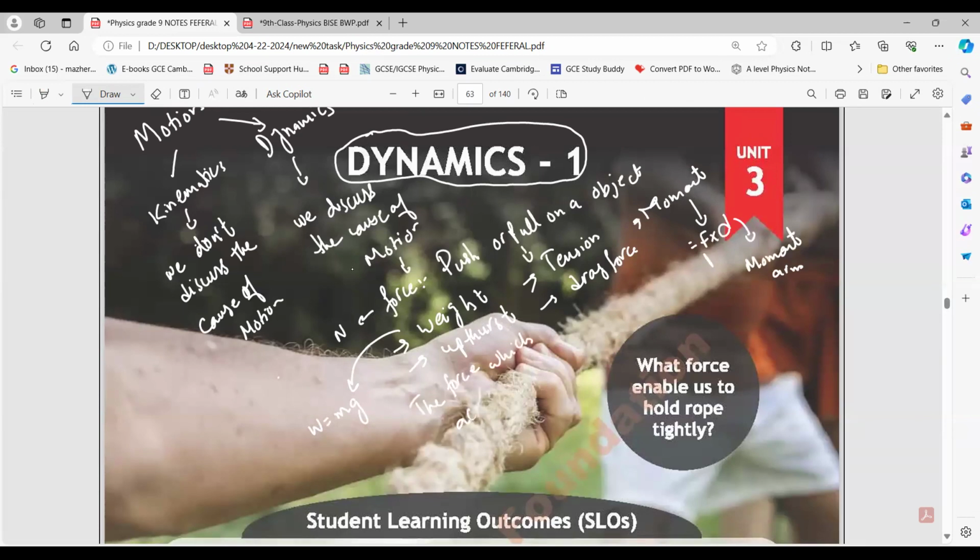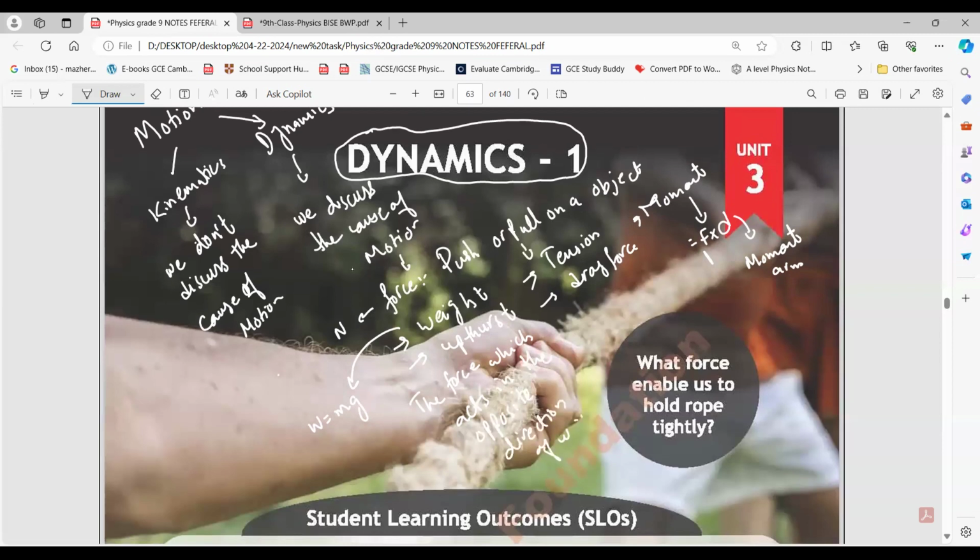Upthrust is defined as the force which acts in the opposite direction of weight, in water. And weight we define as the force with which the earth attracts the body towards its side.